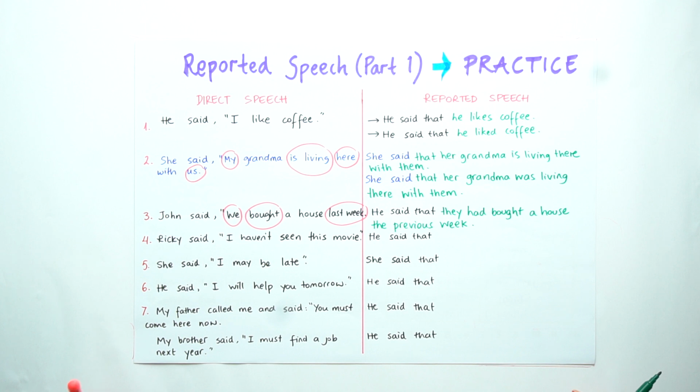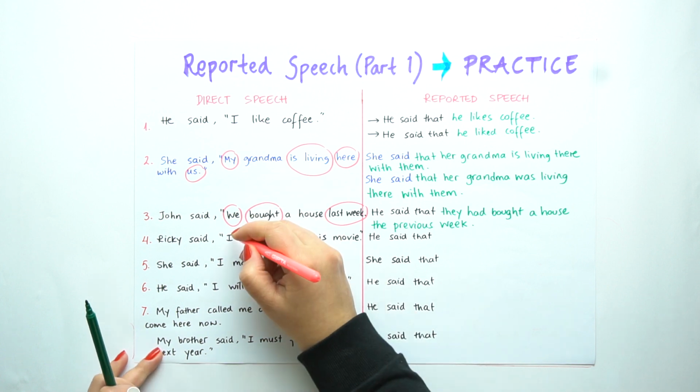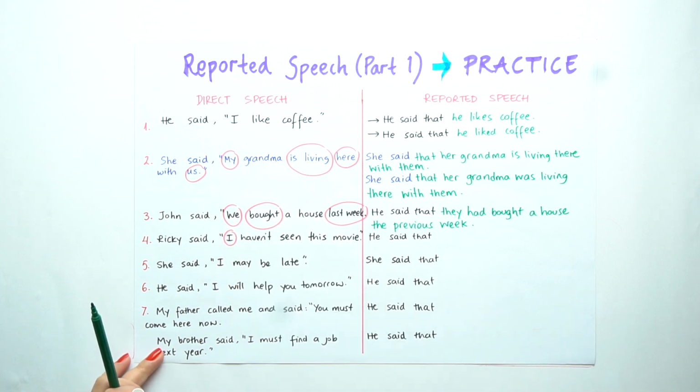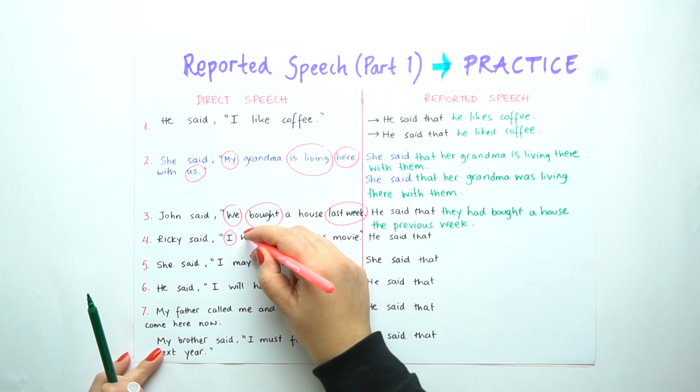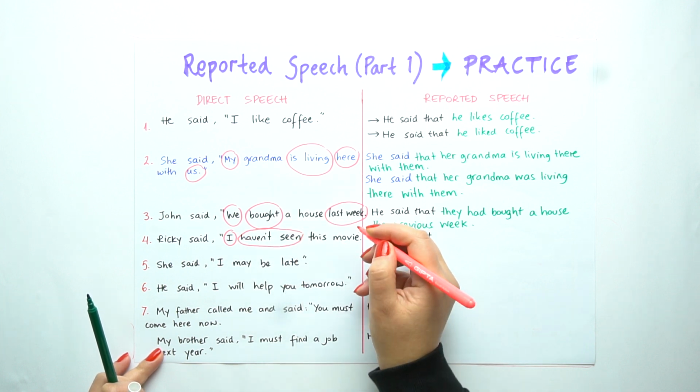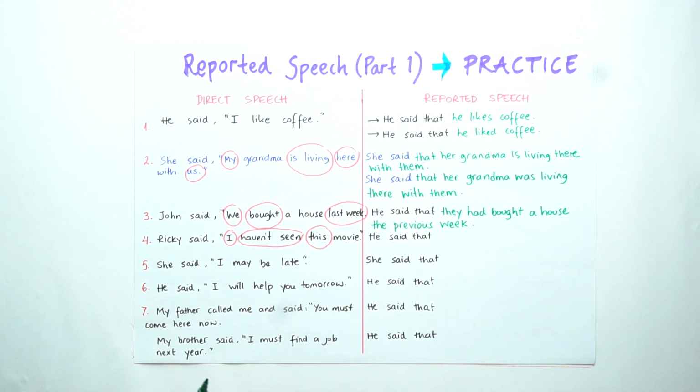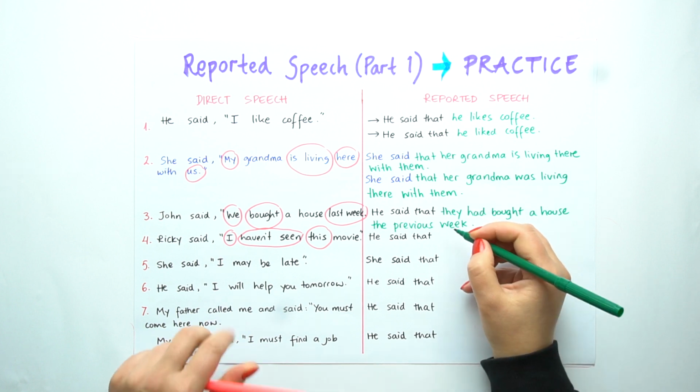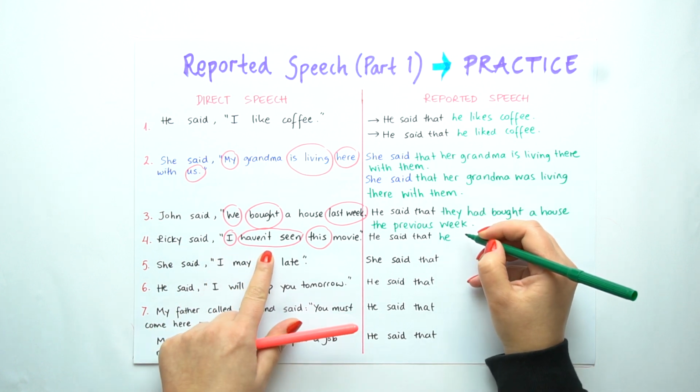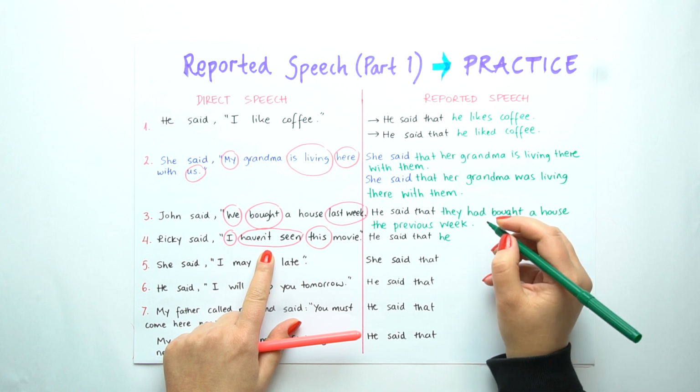Number 4. Ricky said, I haven't seen this movie. He said that, what do I need to change in this sentence? It is I, and then the tense of the sentence, and this. He said that he, remember, present perfect becomes past perfect.